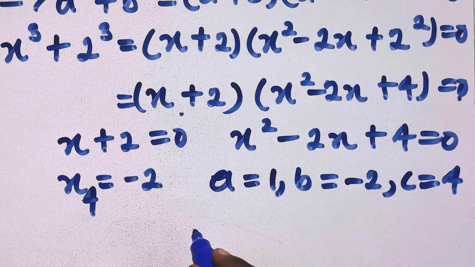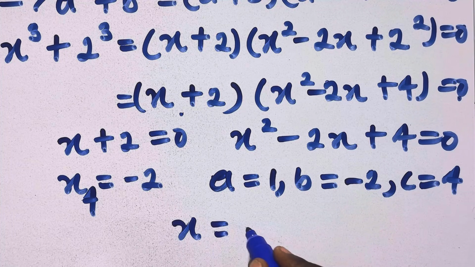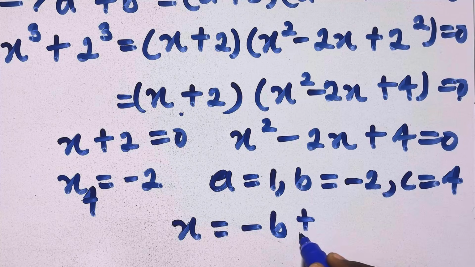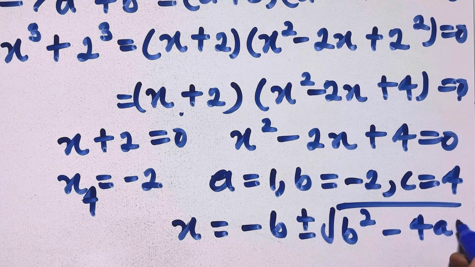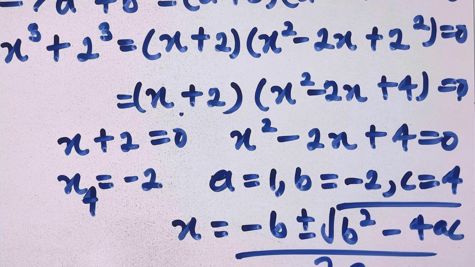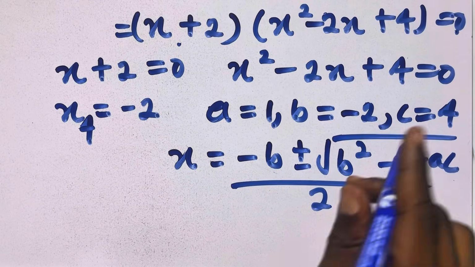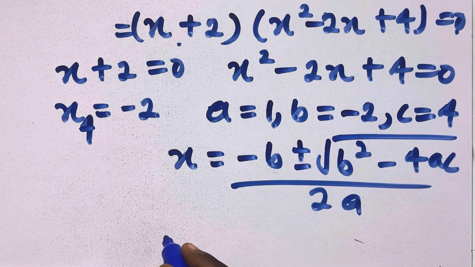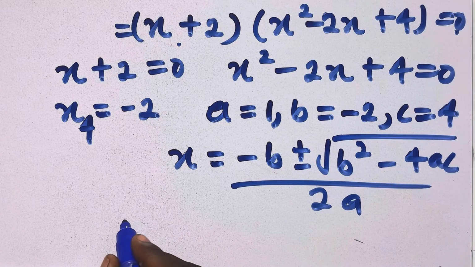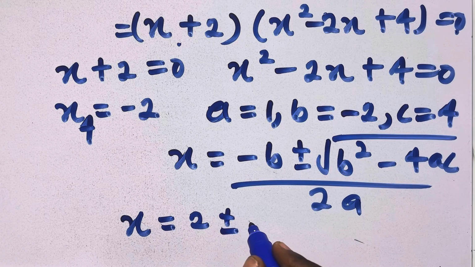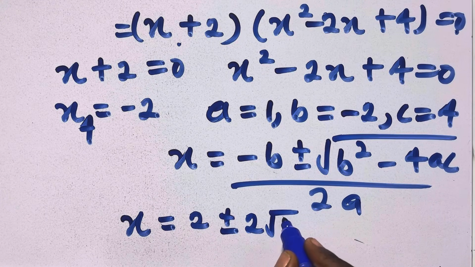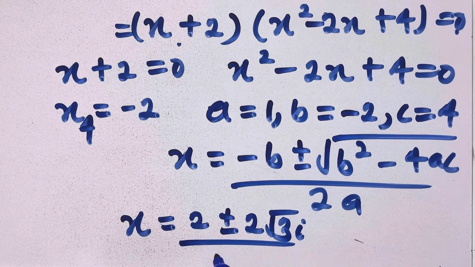If you substitute that into the formula, minus b plus or minus the square root of b squared minus 4ac divided by 2a, the answer you are going to get will be x equals 2 plus or minus 2 root 3i divided by 2. Alright, so this is what we got.